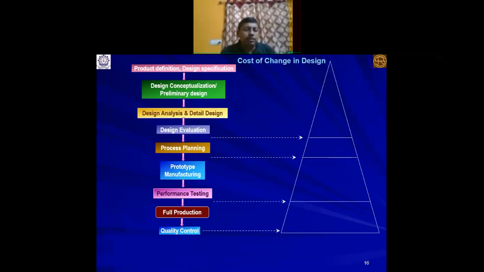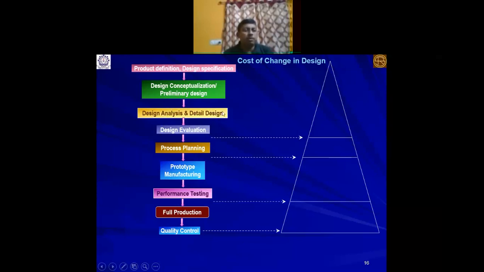There many designers will check your design from different angles. If they find any bottleneck or mistake, they will tell you to rectify it. Now, if you can find any particular mistake at the design evaluation stage, then that has to be rectified. In order to rectify it, there is again involvement of cost, because you have to go back to the design analysis and the detailed design.